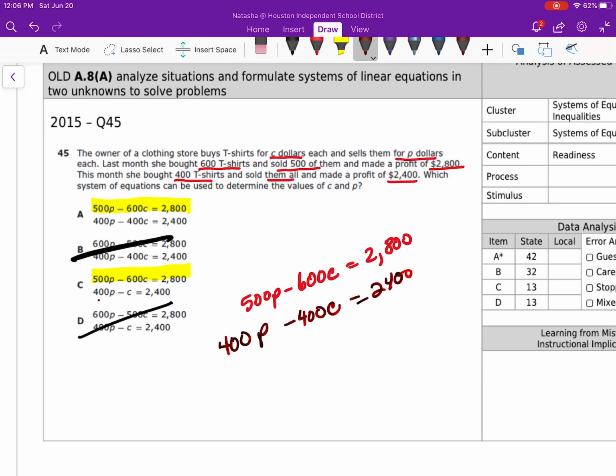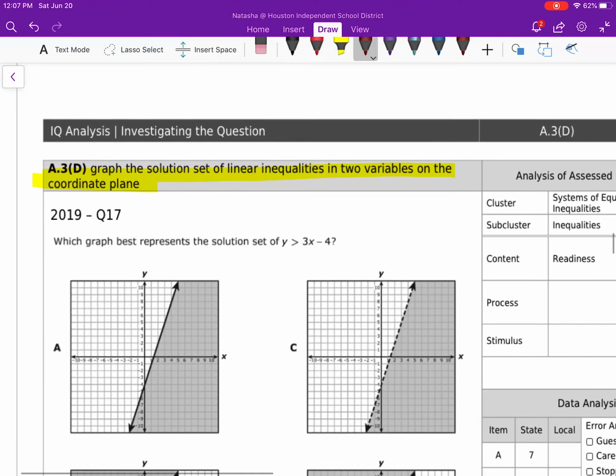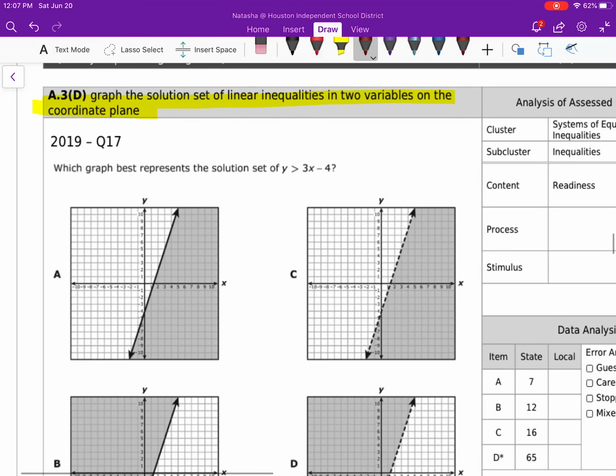So be careful. This one here on C would be as if you just thought your coefficient was 1. Your coefficient needs to be 400 because we originally bought 400 t-shirts, and we sold them all. So now that gives us our answer choice A. Next question.